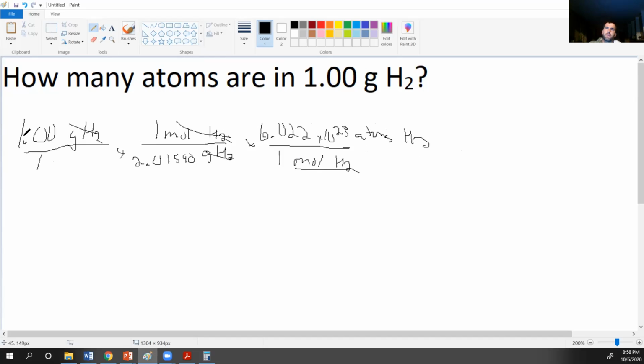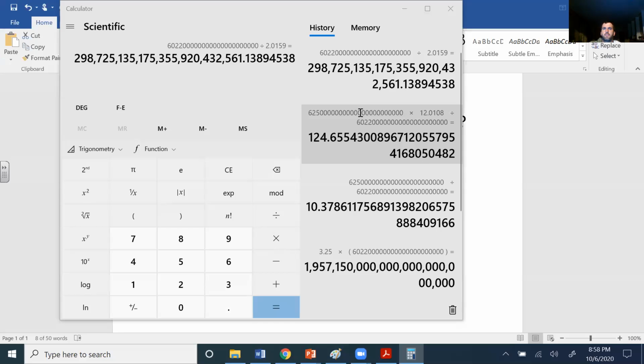So solve this out. Don't really need the 1.00, but so it'd be 6.022 times 10 to the 23 divided by 2.01590. And I get a really, really, really big number. I'll share this screen, that way we can look at it. I get this number right here, 298.7 whatever.